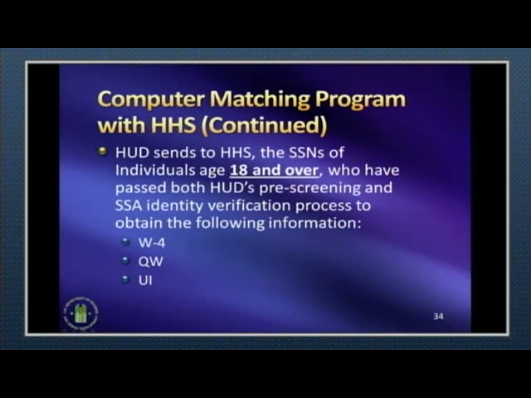However, since HHS provides wage, unemployment, and new hire information, we request that information for any individual who is 18 and over, who has passed both the HUD pre-screening and the SSA identity screening.